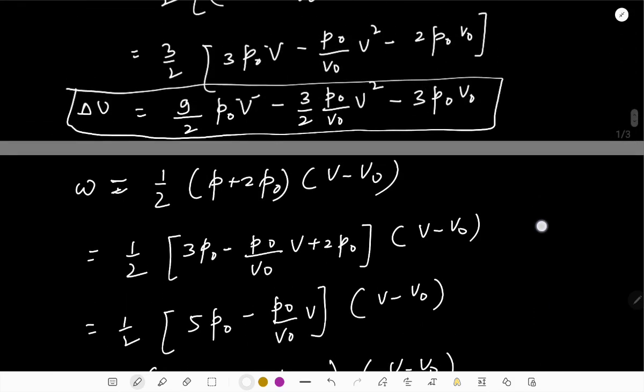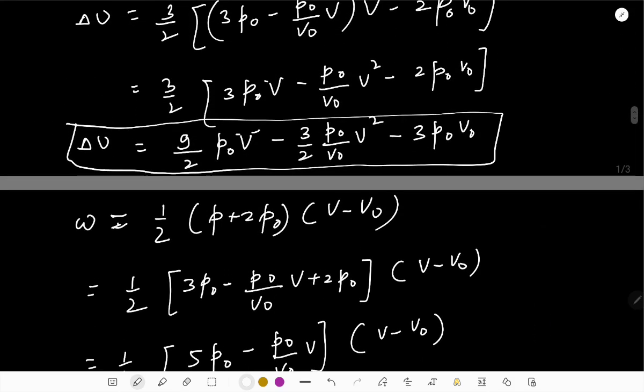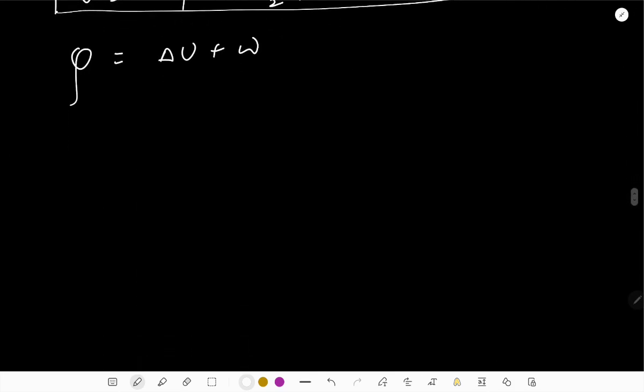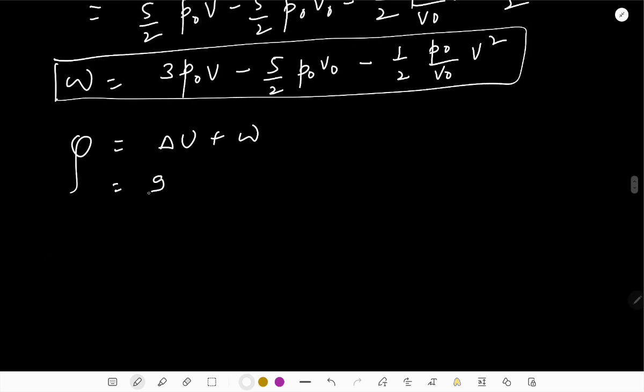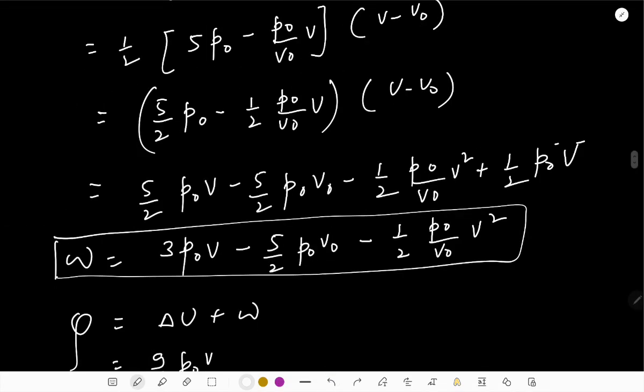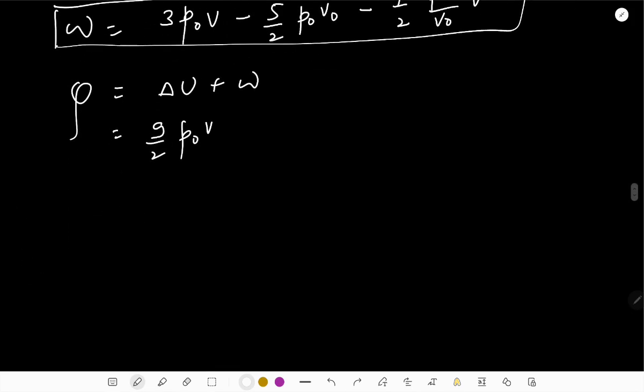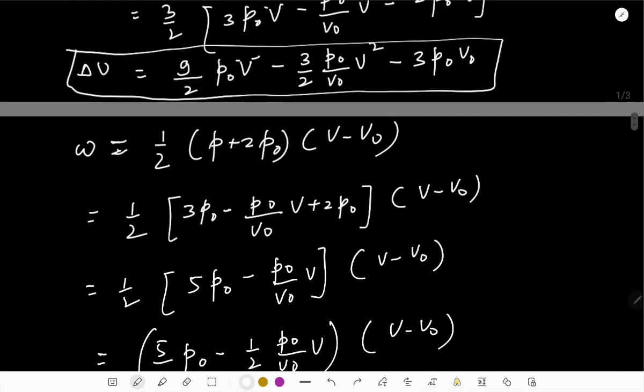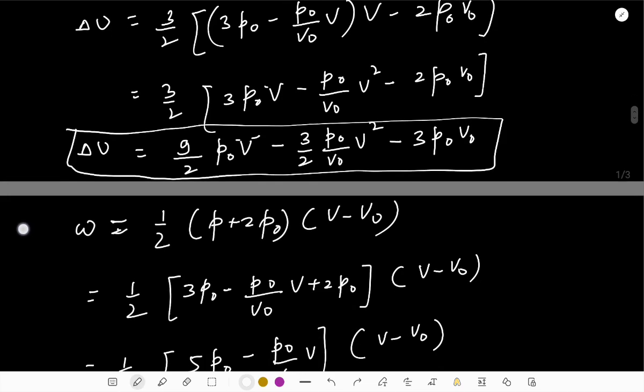And change in internal energy is 9 by 2 P naught V. If I make one mistake, oh, mistake has been done. It is 9 by 2 P naught V only. That's right.